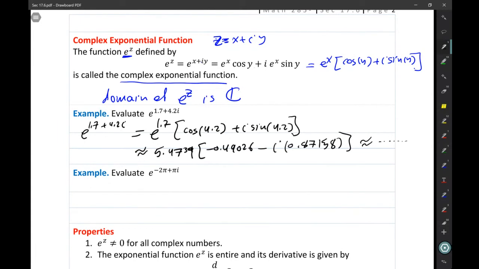e to the power minus 2 pi plus pi i, the same procedure here.